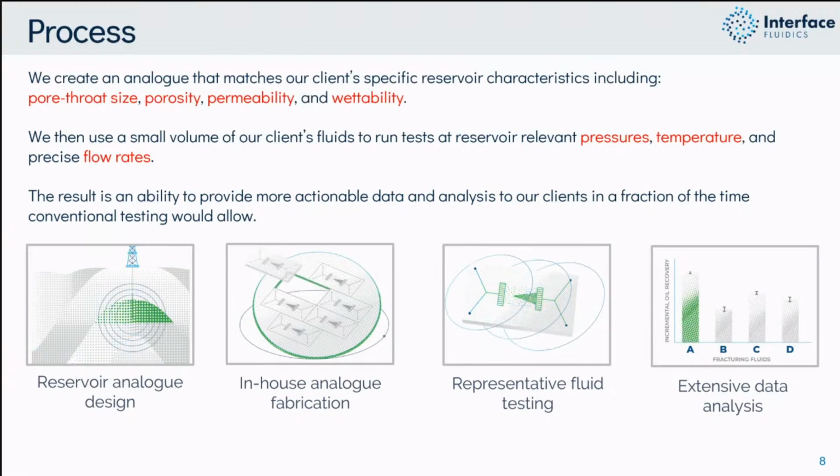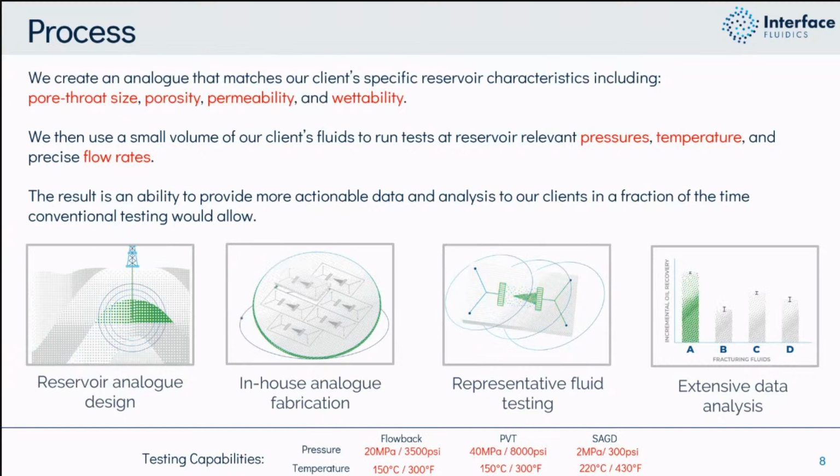And lastly, we use our in-house developed image analysis algorithm to analyze the data and convert all the visualization we capture during the experiment into data that can be used for further studies and decision making.